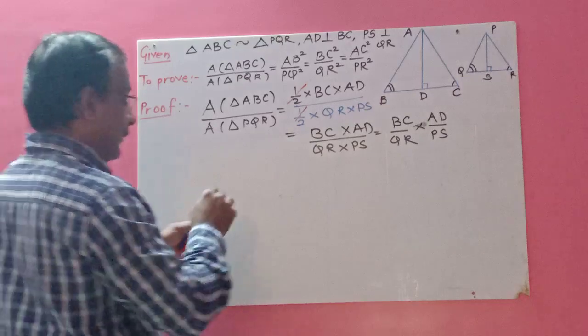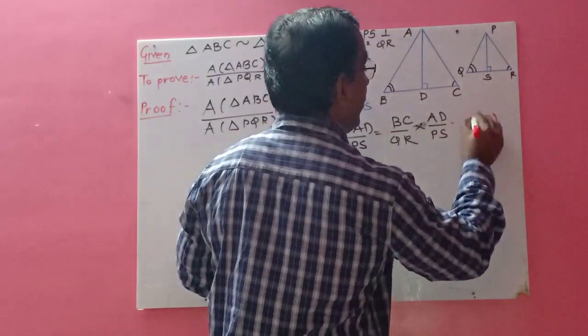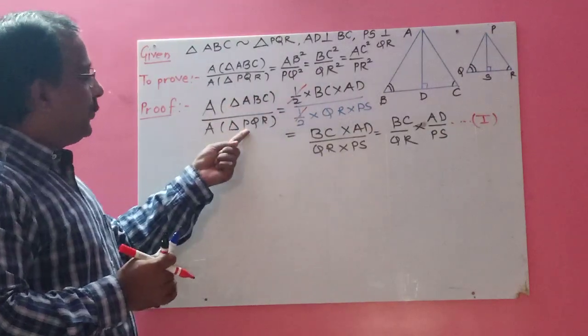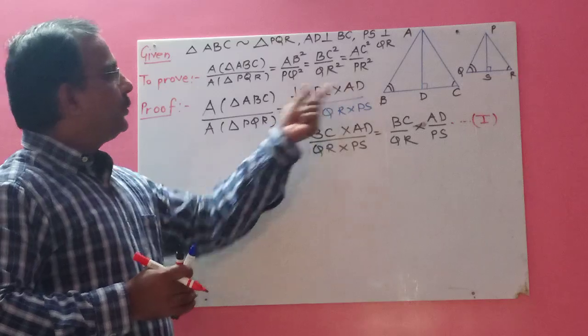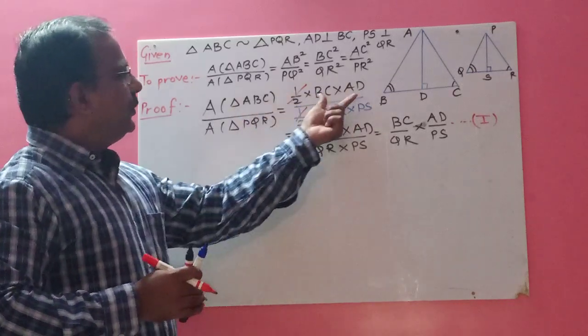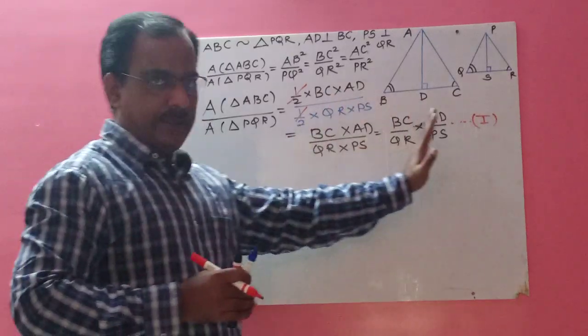This is the first point. The ratio of areas of two triangles: half into base into height, half into base into height, the halves get cancelled. You got BC into AD, QR into PS, and just separate it.